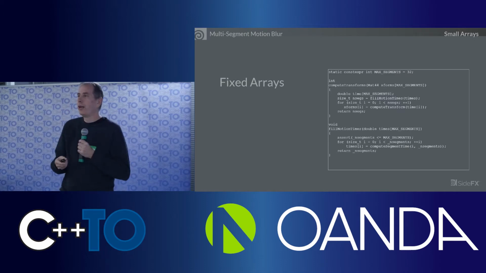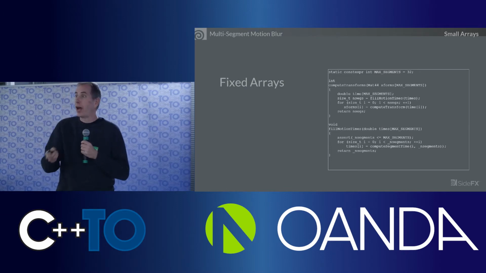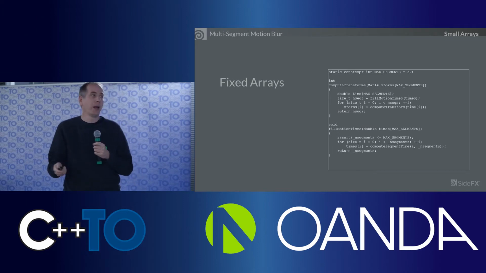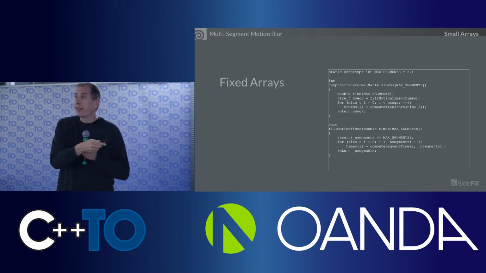One way to do this would be to put a fixed limit on the number of samples you could have for motion blur. This works, except that it doesn't necessarily capture what the user wants. The user may want a very complicated set of motion segments. This will capture most of the cases, but in the extreme case, the user may want more than 32 segments.